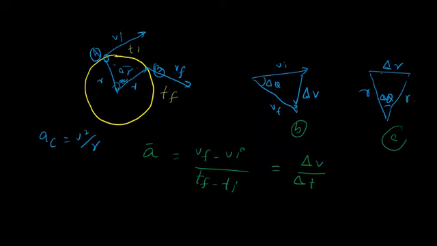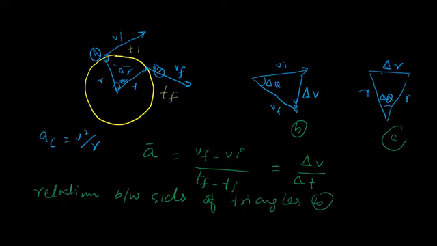So I can write delta v divided by v is equal to delta r divided by r.